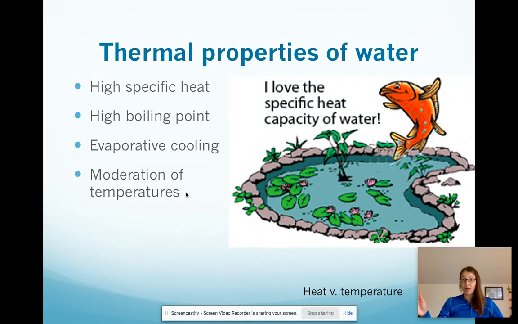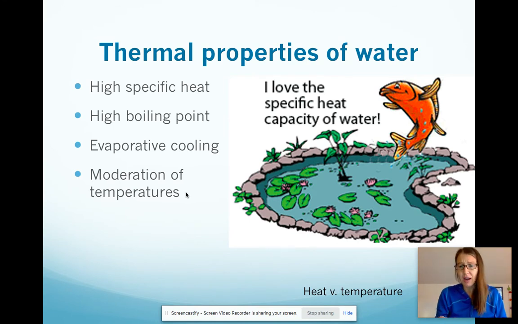Now, why? What are the chemical properties of water that allow it to do that? It's because of the hydrogen bonding. Water has these hydrogen bonds between the molecules. That's what takes all the energy to break them and pull them apart. Now, granted, you can pull hydrogen bonds apart easier than, say, the covalent bonds within a water molecule, but it still takes more energy than it would for other types of molecules like methane that don't have this dipolarity and hydrogen bonds between them.